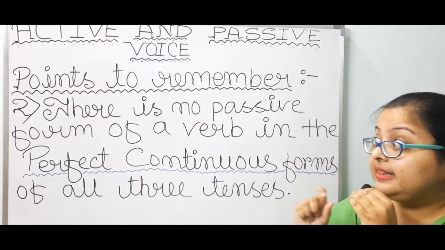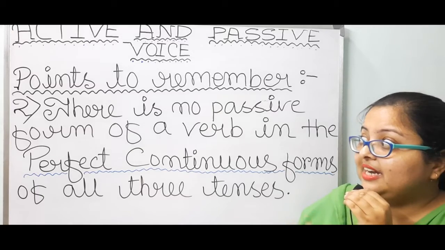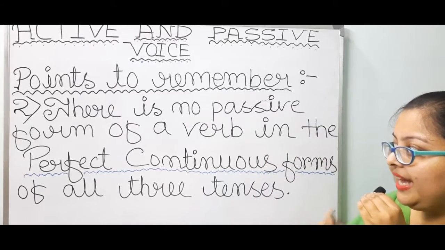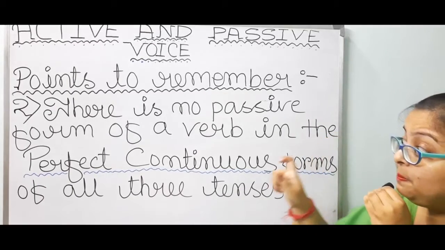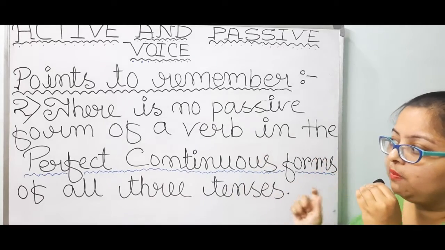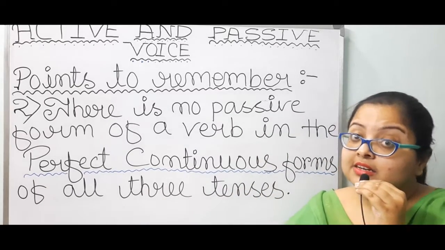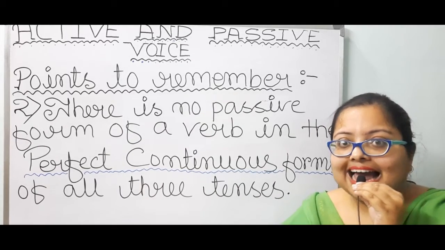Basically, there is no such verb that will indicate its passive form in the perfect continuous forms of all three tenses, meaning the past tense, the present tense and the future tense.